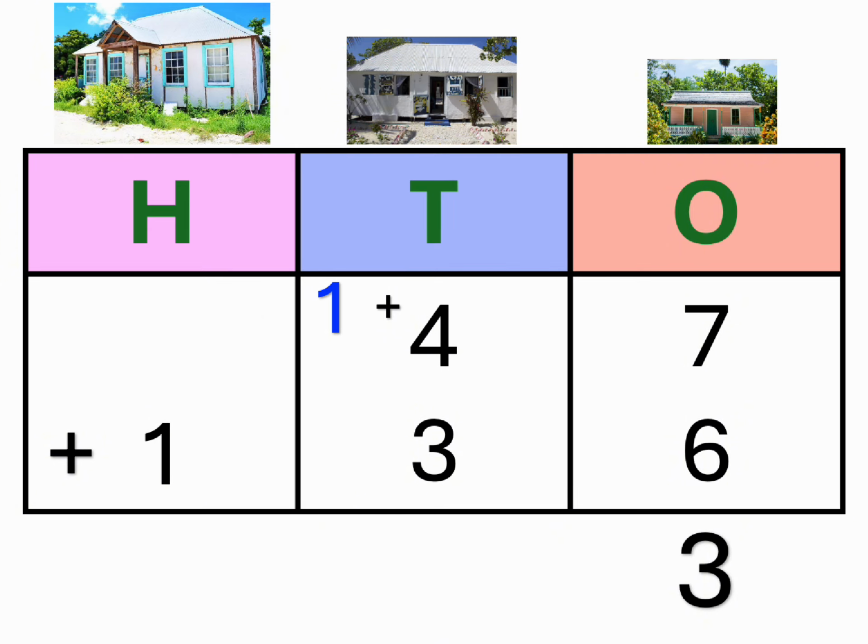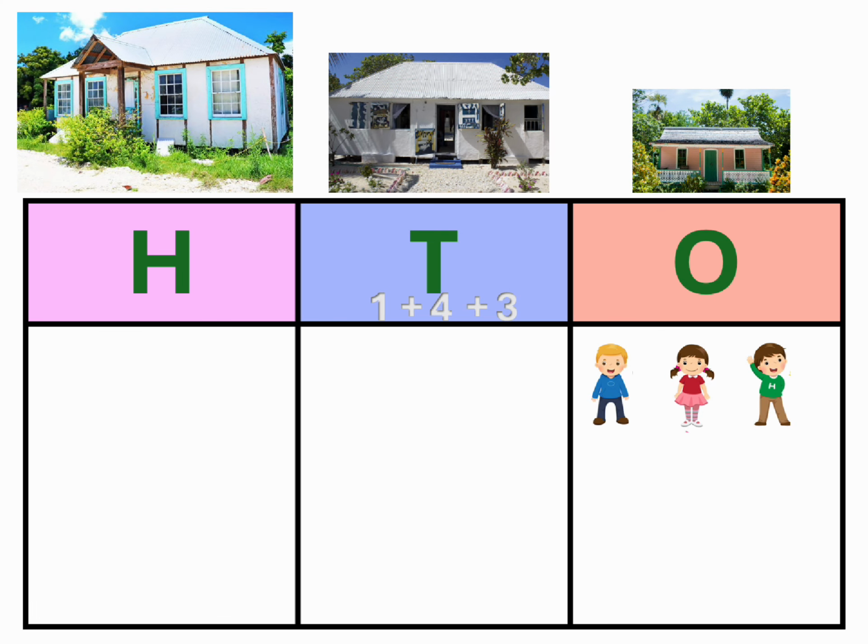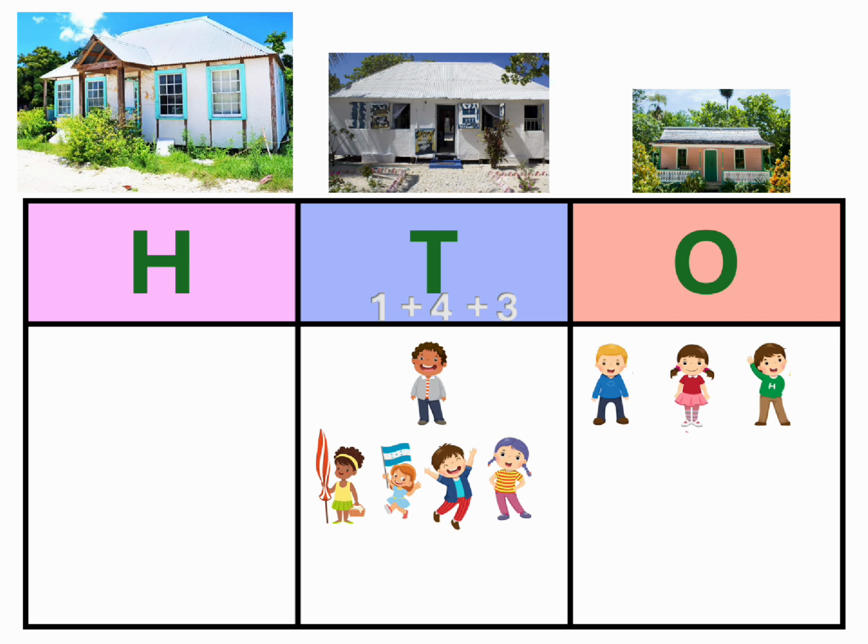Now we need to add the guests in the tens house. Let's welcome the guests into the tens house and count them. We have 1 plus 4 plus 3. First we add 1 guest. Then we need to add 4 more guests. 1, 2, 3, and 4.